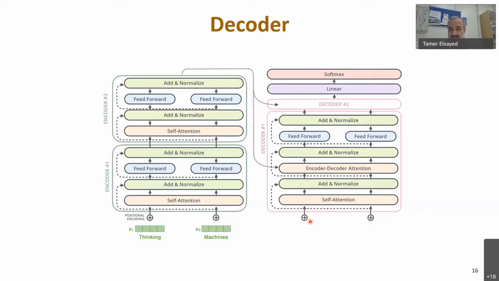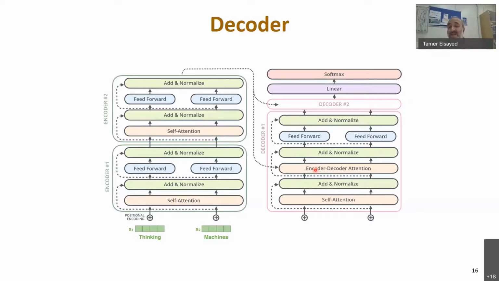As you will see in the next 2 slides, we will start to produce the output sentence one by one. We also need to understand relationships between the words in the output sequence, and that's the role of the self-attention sublayer. It's very similar to the role of the self-attention sublayer in the encoder.